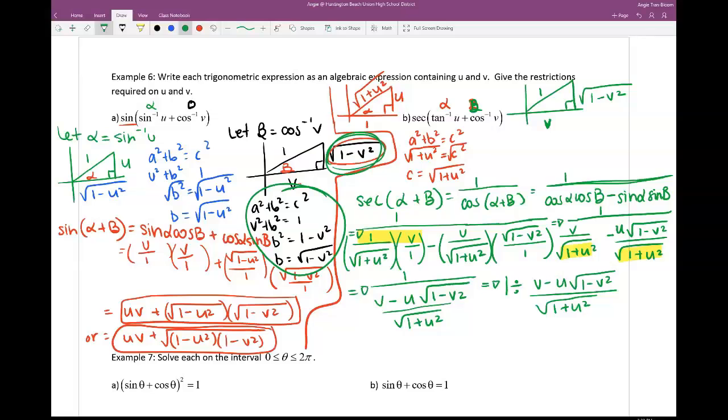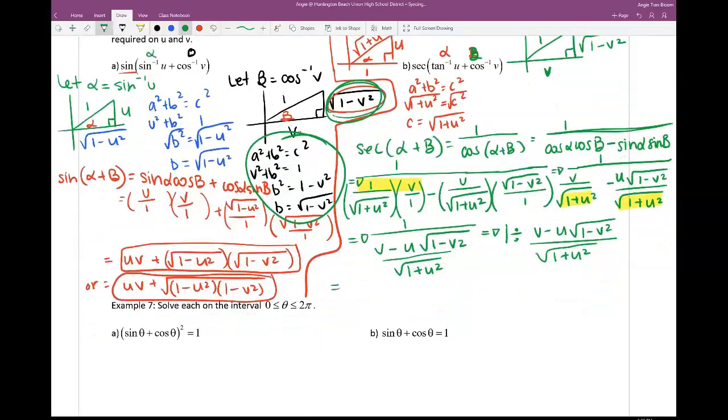I can multiply by its reciprocal, so here we go. If I multiply by its reciprocal, 1 times this is now just that: the square root of 1 plus u squared over v minus u times square root of 1 minus v squared. Okay, so technically, this is an answer.